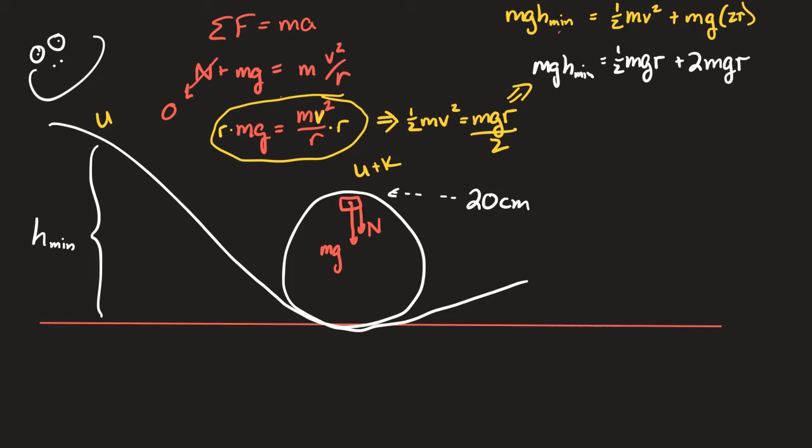I know I got some confused faces there. Not too many confused faces, but a few. I'm just demonstrating a different way to do this. But this is going to also produce something I really, really need for you to look at. First, mg goes away on all of those. And I just get that h minimum is 2.5 times r.